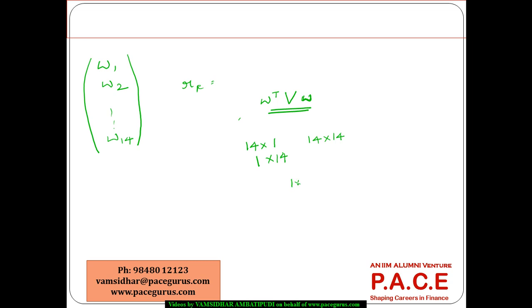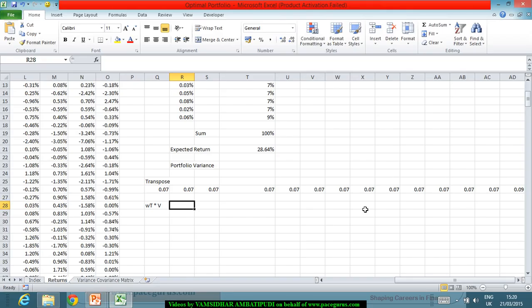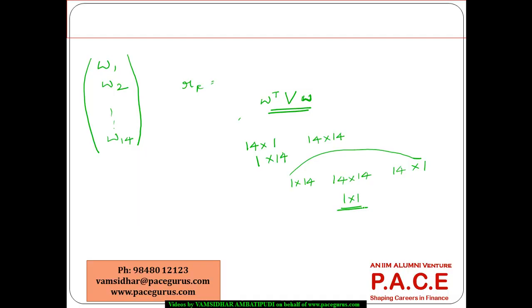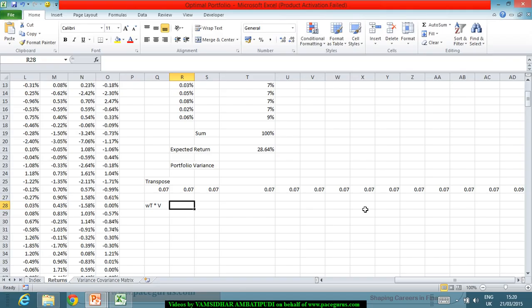So it's as good as saying a 1 by 14 matrix gets multiplied with a 14 by 14 matrix, which again gets multiplied by a 14 by 1 matrix to finally give us a 1 by 1 matrix, which is nothing but the variance. So let's do it in two steps. First I'll take the W transpose multiplied by the variance.